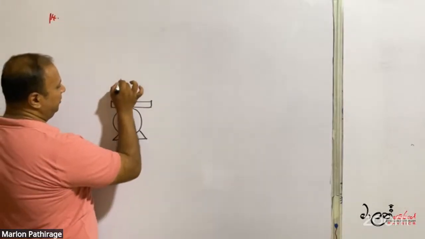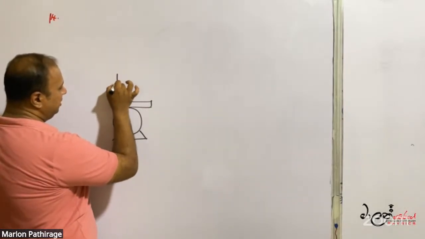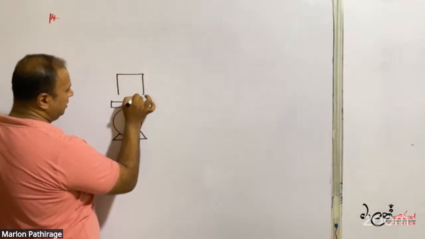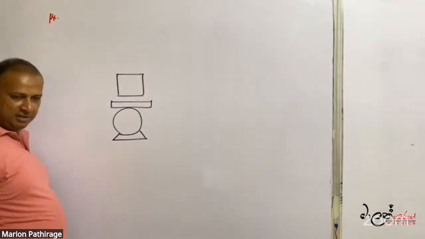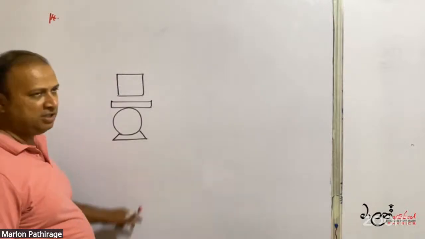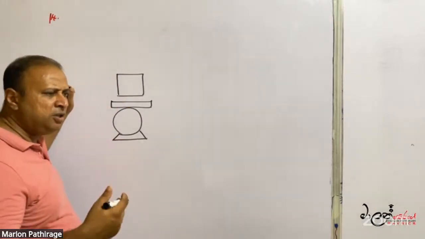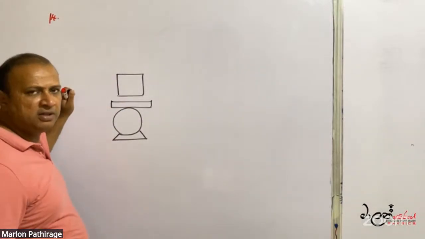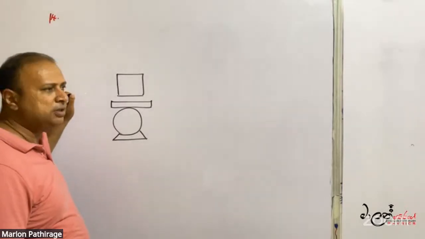Sorry, a weighing pan. Here is an object. So what is the meaning of the weight? What is the meaning of apparent weight?